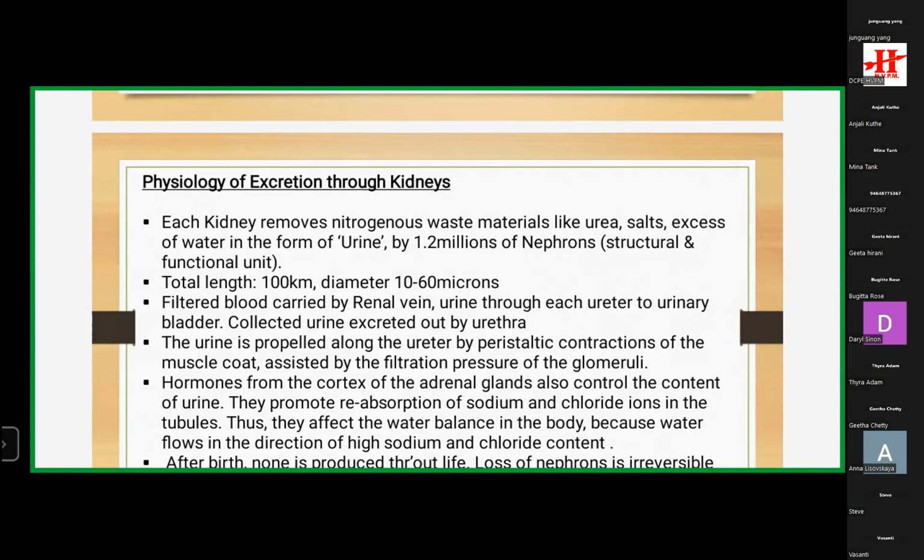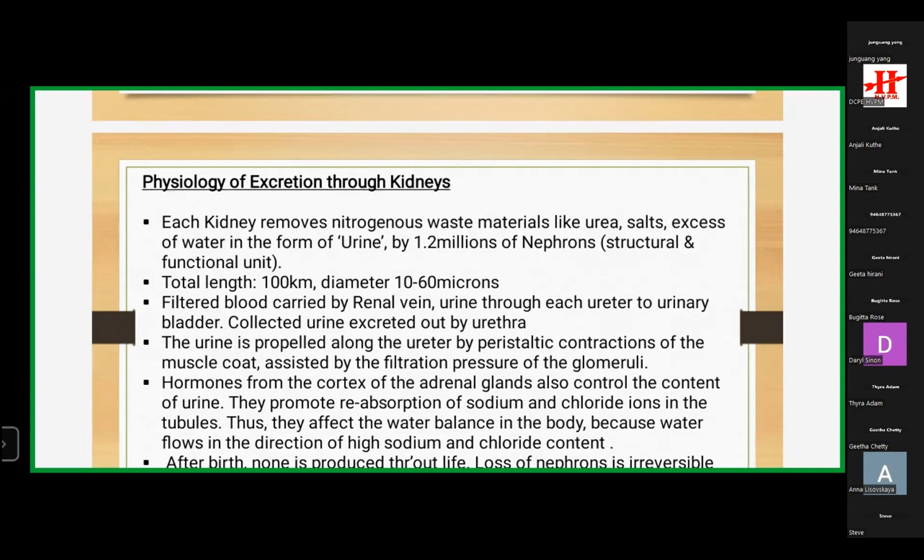So our body is a machine, and one must know about the machine, its structure and how it works, so that we can take proper care of our organs to maintain their structure and functions healthy and properly. So clear about the digestive system and the excretory system.